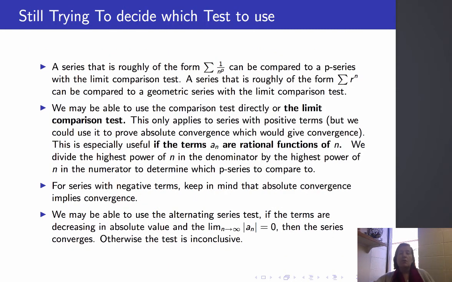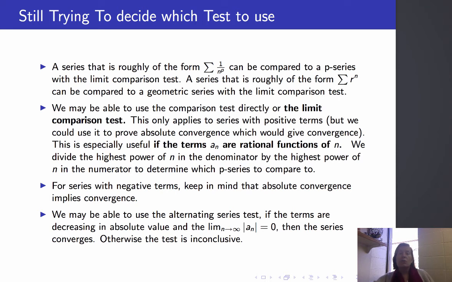If a series is roughly of the form the sum of 1 over n to the p, we might recognize this and we can compare it to that p-series using a limit comparison test, or we might recognize it as roughly being a geometric series, in which case we should use the limit comparison test to compare to the appropriate geometric series.